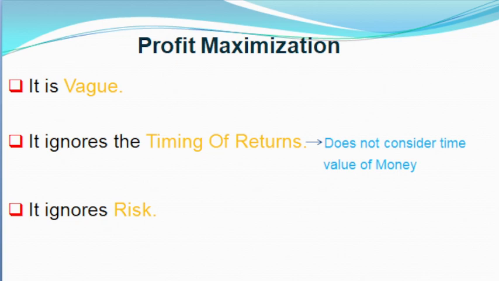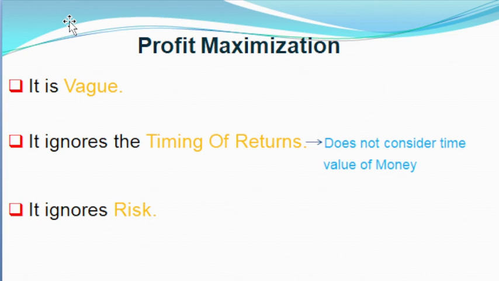Apart from that, it ignores risk. Suppose I have 2 projects, and before investing in these 2 projects I am taking a risk, because before investing I don't know which project will give me a higher return.